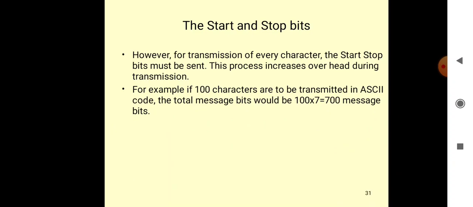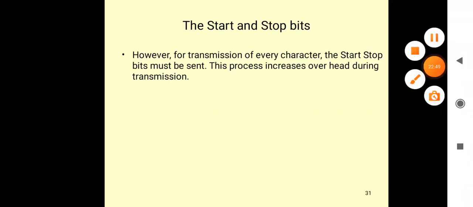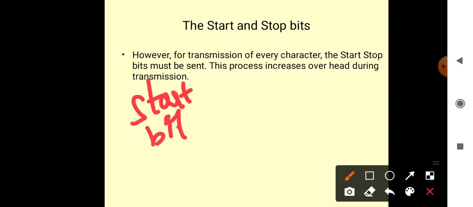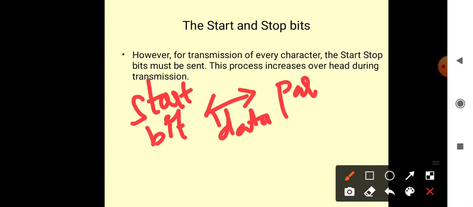One extra bit called the parity bit is placed before the stop bit. The parity bit is used for error detection and error control. So whatever data we are transmitting in asynchronous mode, we have the start bit, then the data, then the parity bit, and then the stop bit.